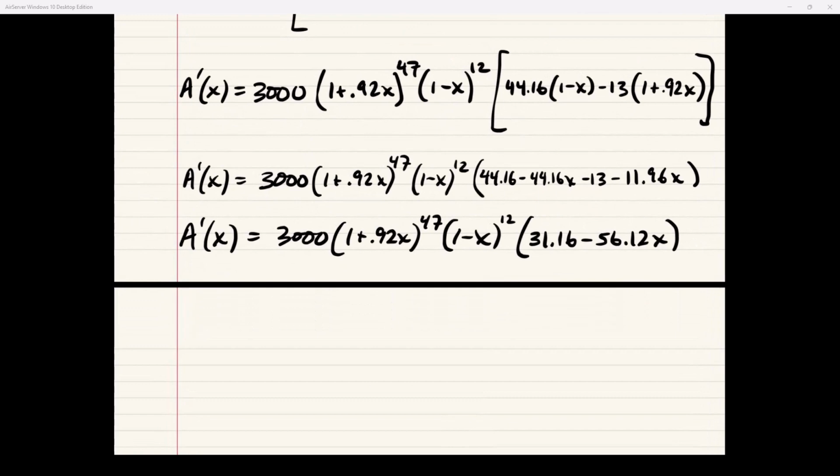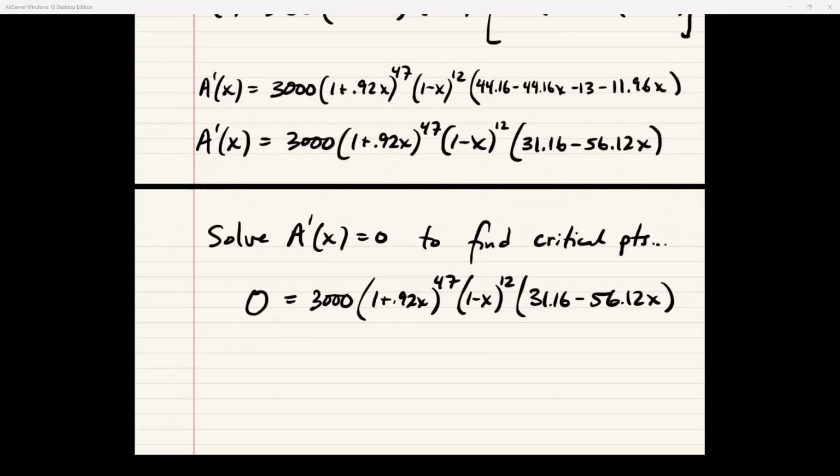Now I'll look for any places where the derivative is 0. So I'm solving for critical points. Taking each of these factors, we have 1 plus 0.92x. That could be 0. This could be 0. And of course, this factor.